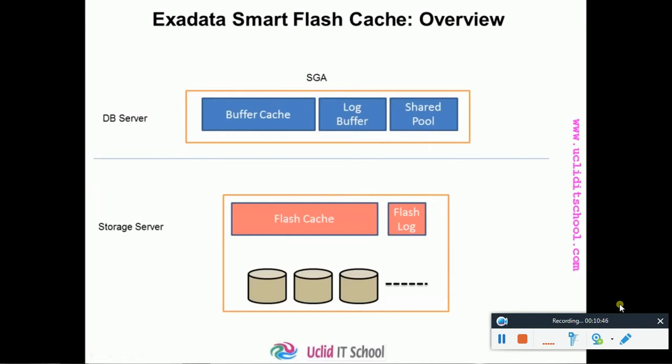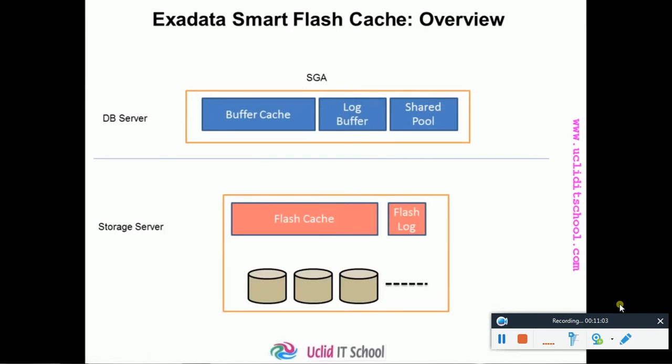So that way, at the storage server level, it is avoiding the physical disk IO, which is costly, right? And that is how the flash cache is used.